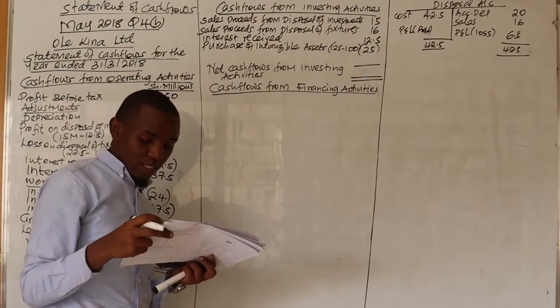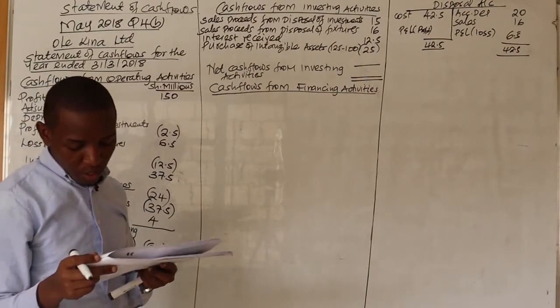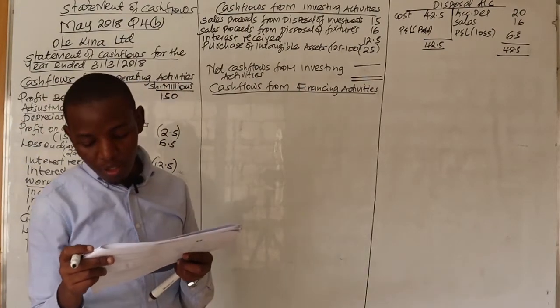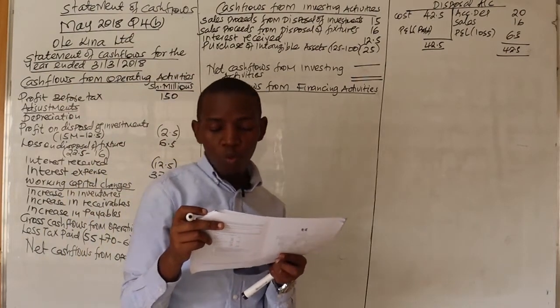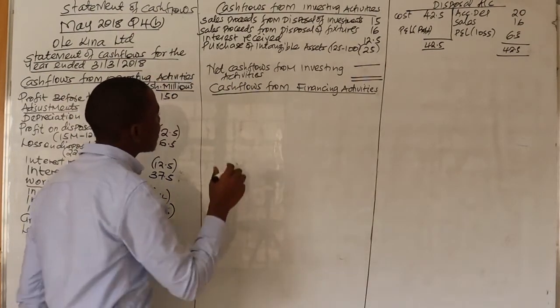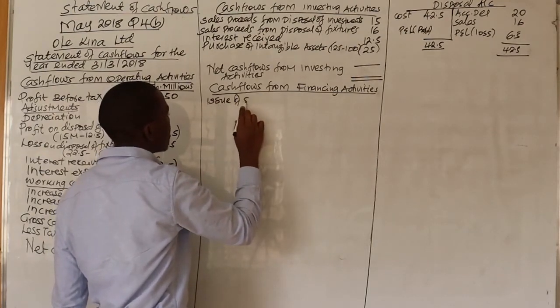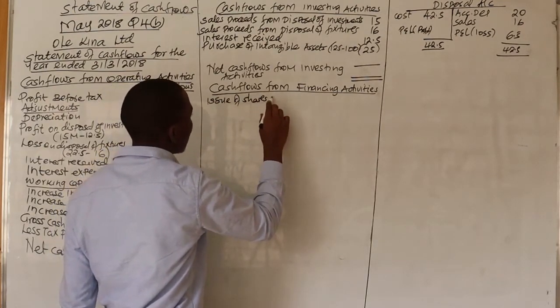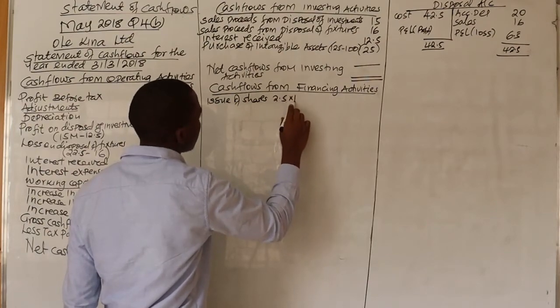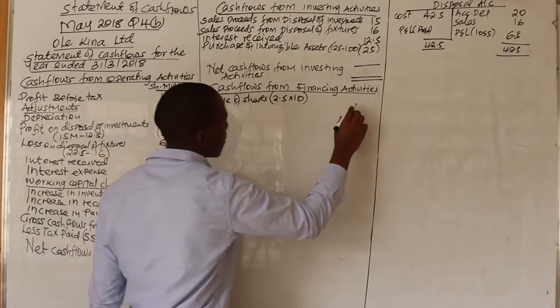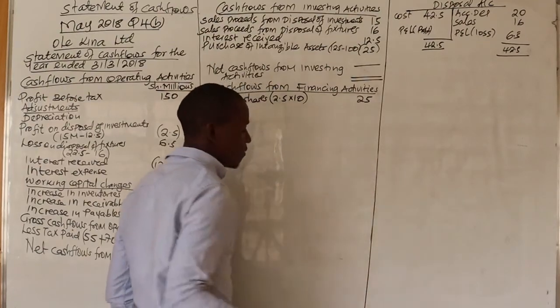When you check on additional information number 4, 2.5 ordinary shares of shillings 10 par value were issued. So meaning that in this case, there is an issue of shares, which is just the 2.5 multiplied by 10, which is 25.